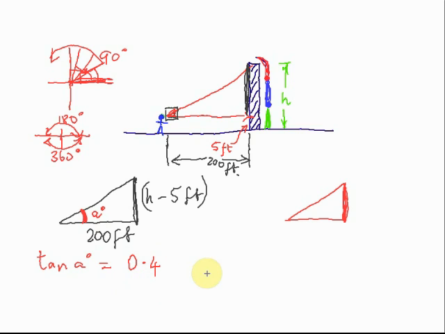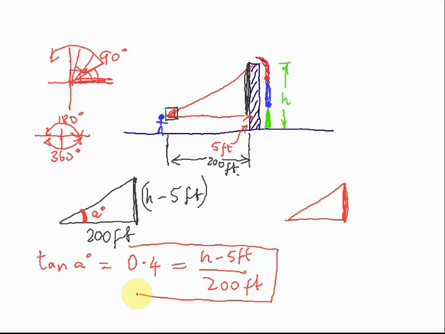Well, we know that the tan of A is equal to h minus 5 feet over 200 feet. Now what can we do? Well, let's multiply both sides of this equation by 200 feet.